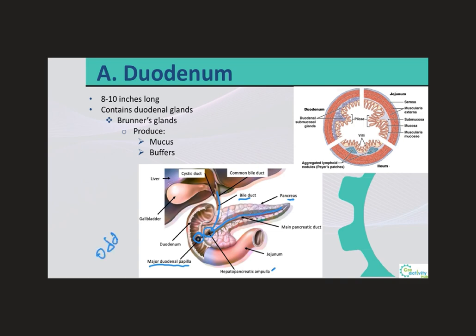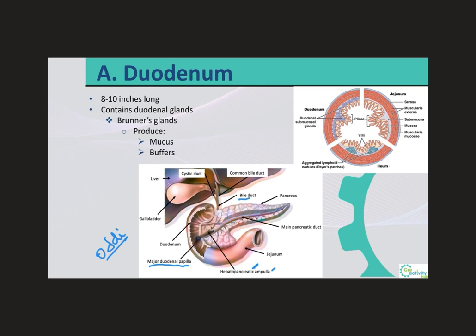Now the entry of bile and the pancreatic juices that's coming from the pancreas into the duodenum is going to be controlled by the sphincters of the smooth muscle that surrounds the hepatopancreatic ampulla and the ends of the pancreatic and bile ducts.